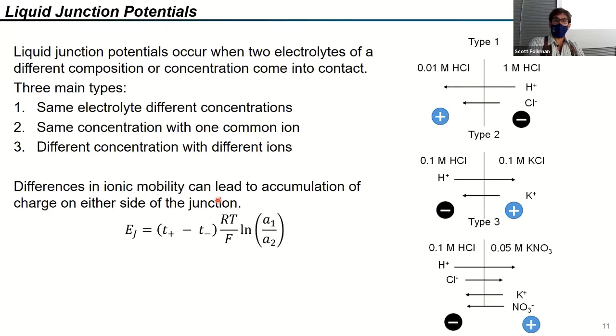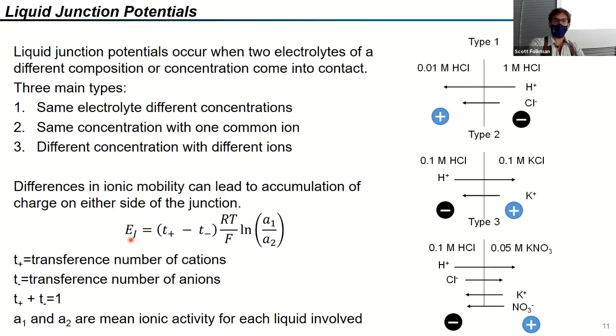And so a general equation that we can use is that the junction potential is equal to the difference between the transference numbers of these ions, the transference number being related to the mobility of each of these. I'm not going to define this precisely today, but it's related to the difference in the mobility of these ions. Again, if they're equal, that value is 0.